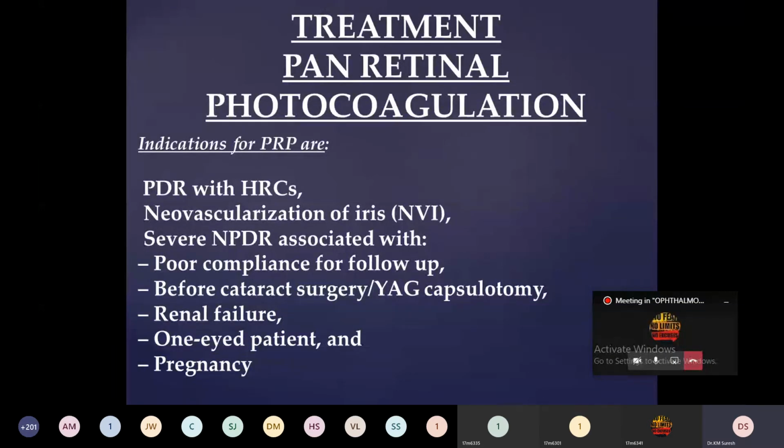Renal failure and one-eyed patients are cases wherein you better do photocoagulation earlier. And in pregnancy, it can be associated with other changes in the retina, and hence even though it's a case of NPDR, you better do pan-retinal photocoagulation.